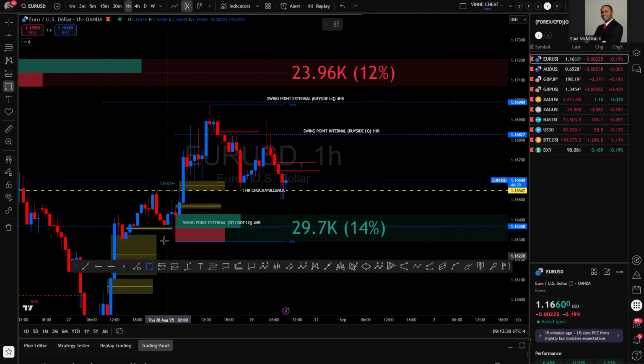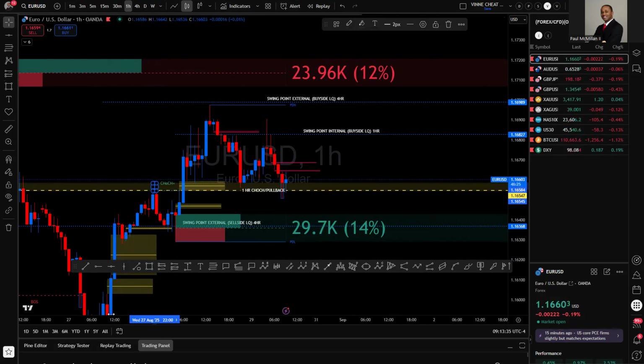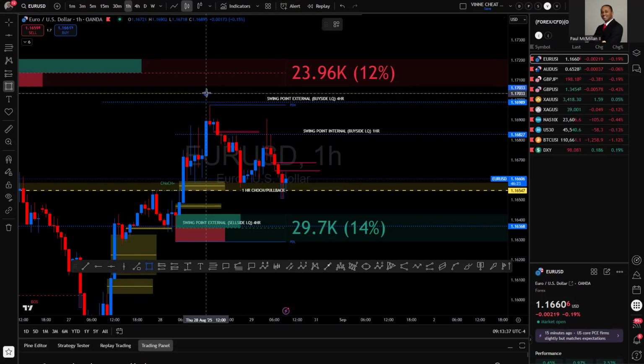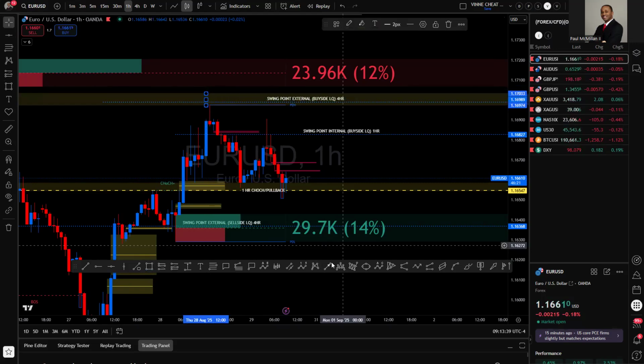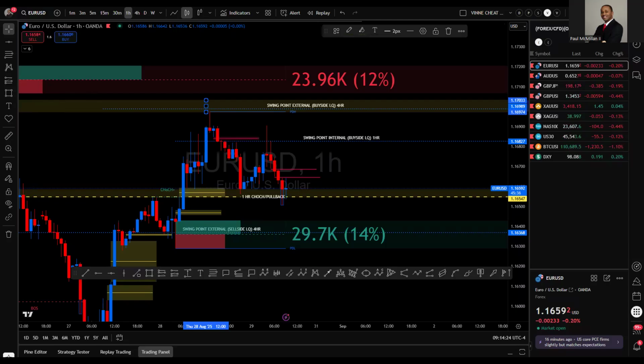That's what we want to see. If you've got liquidity here, liquidity up here. So let me pause. Again, we have a sweep, and then it looks like we are having a rejection candle.